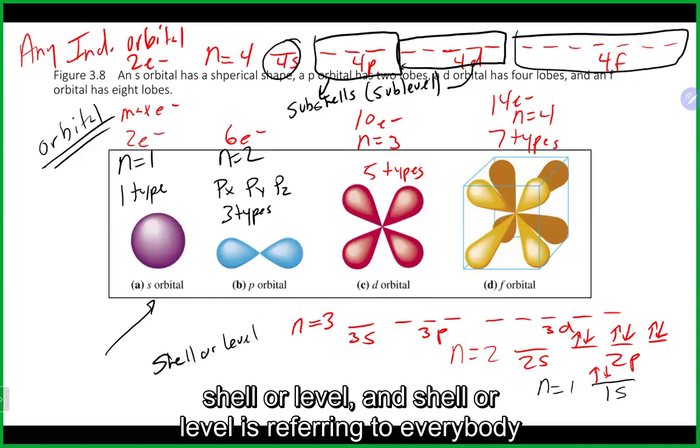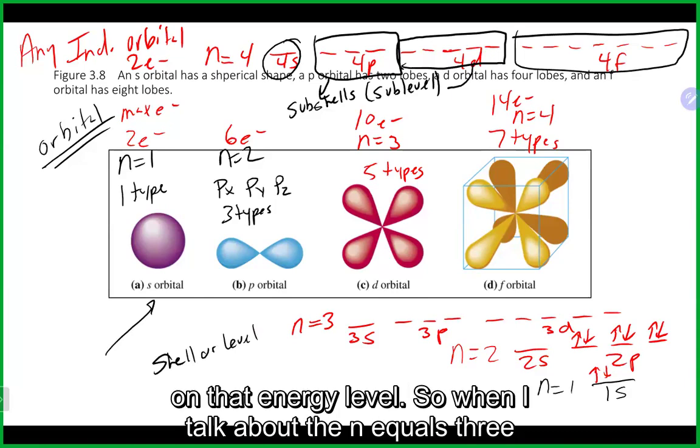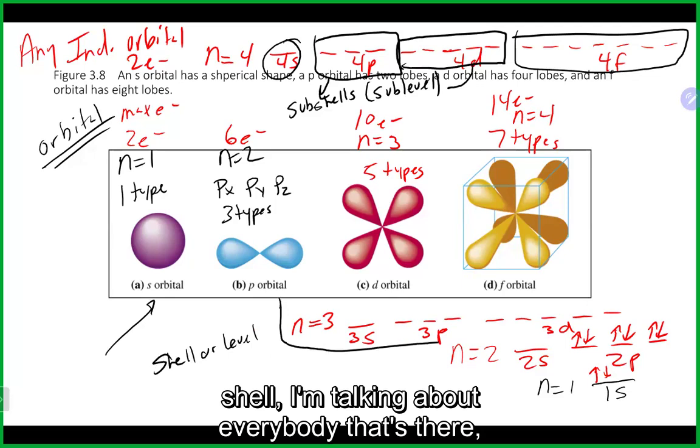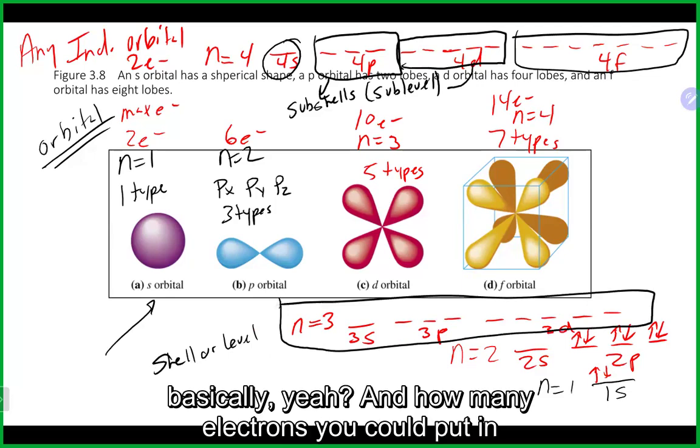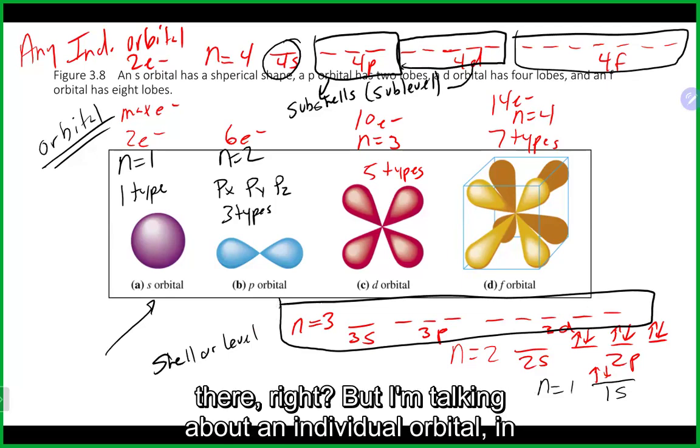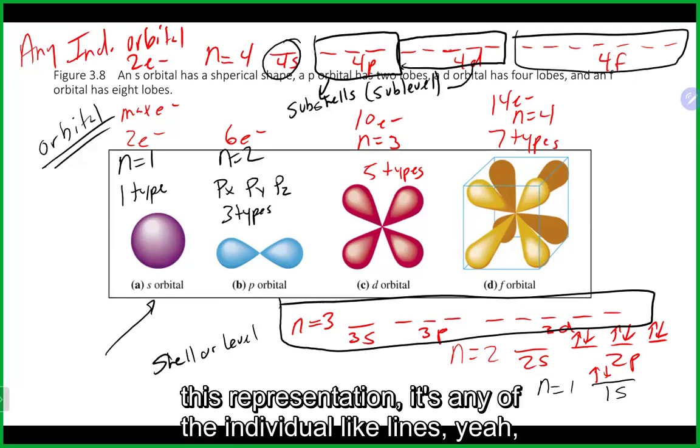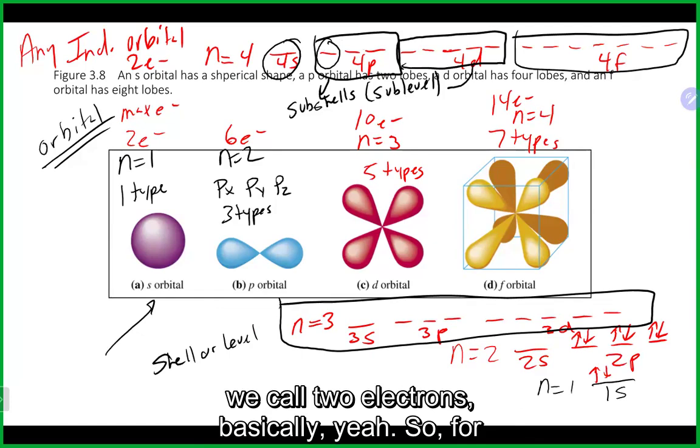And shell or level is referring to everybody on that energy level. So when I talk about the n equals 3 shell, I'm talking about everybody that's there, basically, yeah? And how many electrons you could put in there, right? If I'm talking about an individual orbital, in this representation, it's any of the individual lines, yeah? We could hold 2 electrons, basically, yeah?